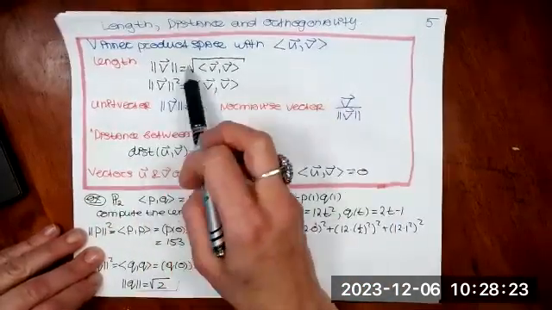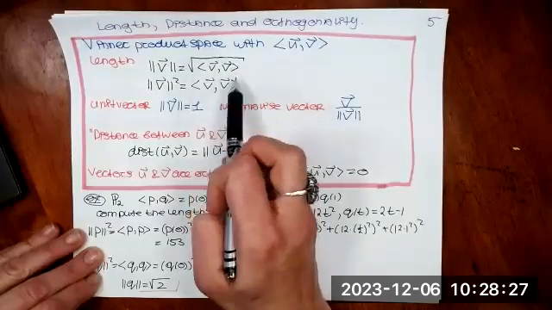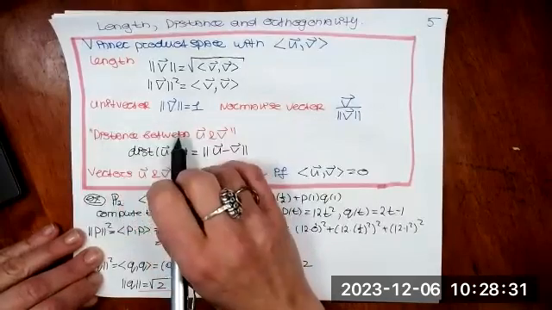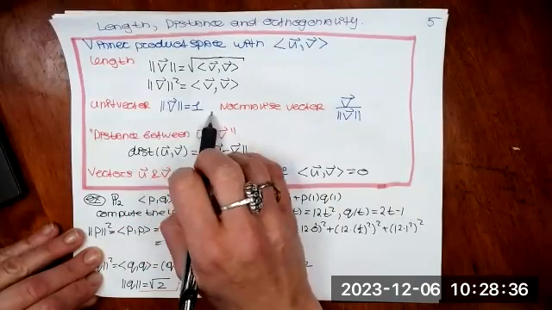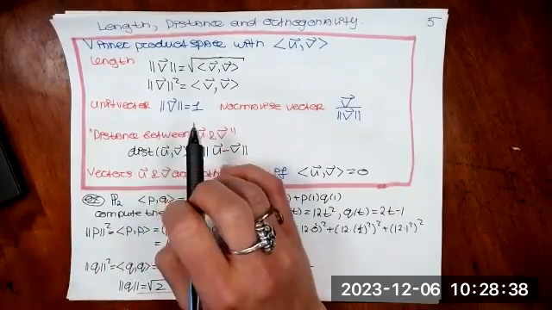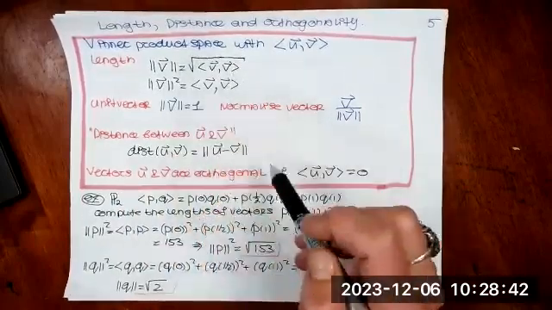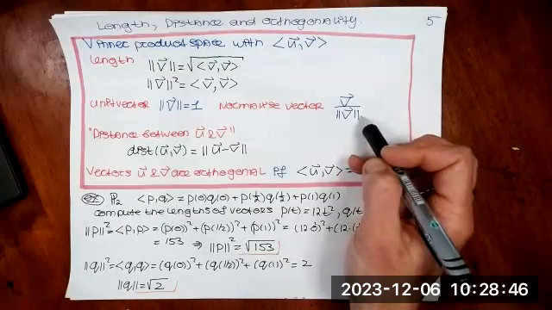Length would be the square root of not v dot v, but the general inner product of v with v. The unit vector with respect to the inner product is the vector with norm 1, so you define the norm in terms of the inner product. And if you want to normalize the vector, you just divide it by its norm.